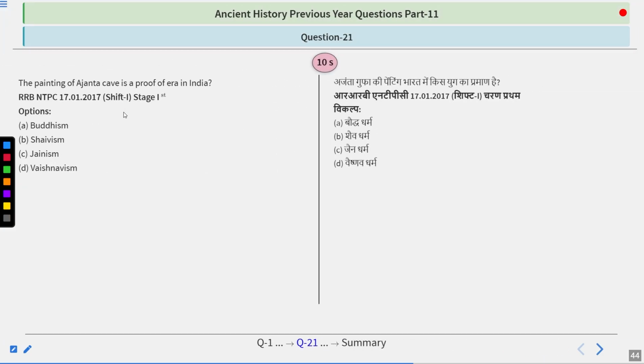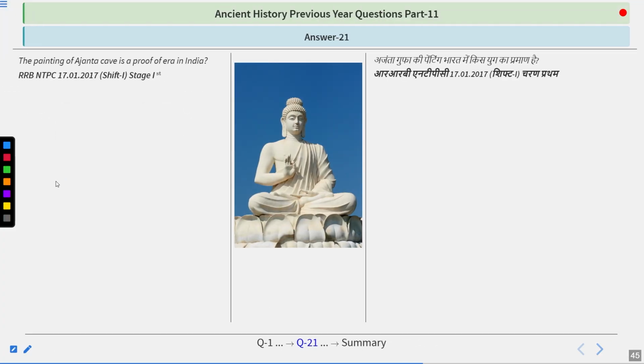Painting of Ajanta caves is a proof of which era in India? Options: Buddhism, Shaivism, Jainism, or Vaishnavism. Take your time and try to answer. And I hope the answer you are giving is quite right. So the answer is Buddhism.